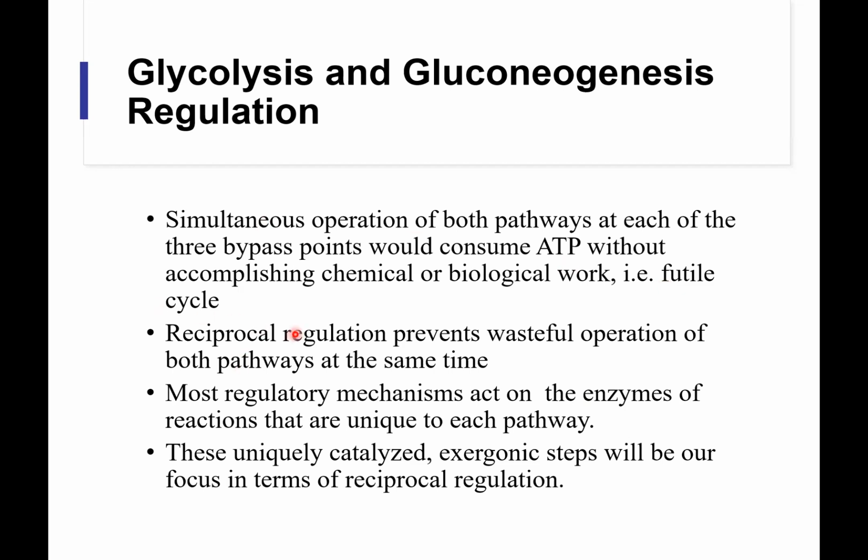This means we can halt one pathway while activating the other, or vice versa. We're going to see that our typical regulatory mechanisms act on the enzymes that are unique to each pathway, those exergonic reactions. So those are going to be our focus.